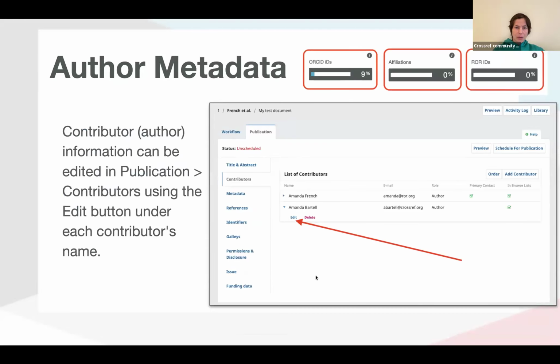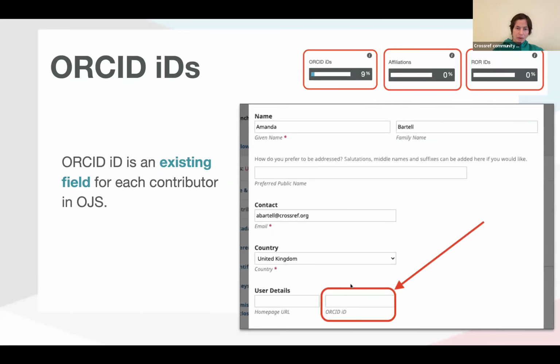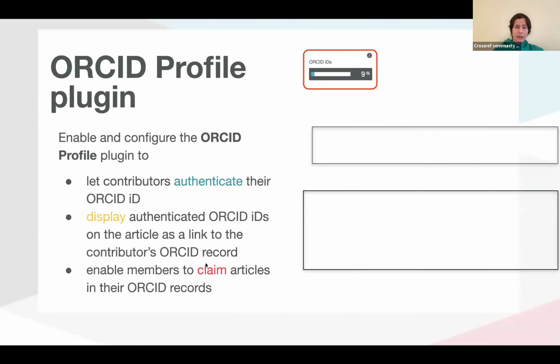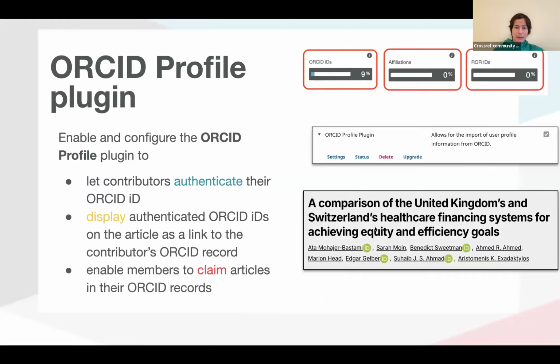Author metadata, you can also edit to add your ORCID, affiliations, and ROR IDs for those affiliations. In the contributor section, you can edit any one of those, and as you can see, there's a field for adding an ORCID number for the author, and it will then provide an automated message to the author.